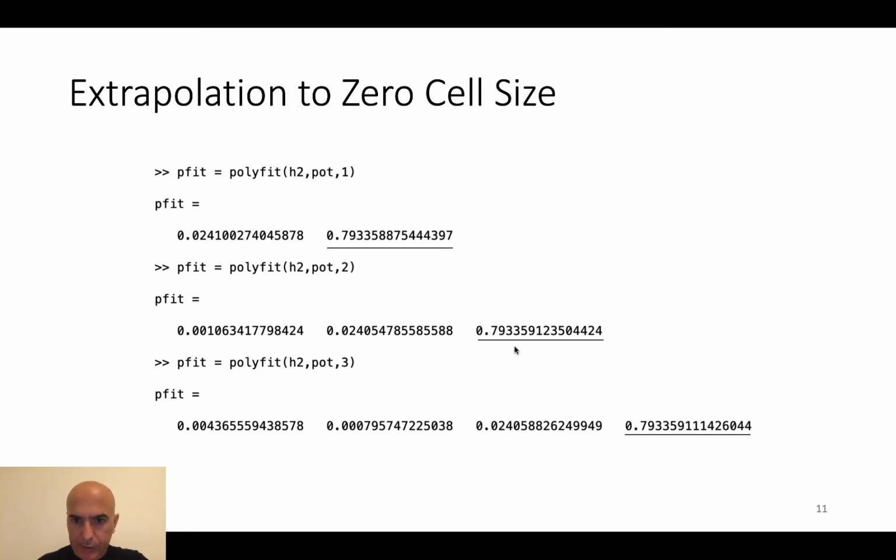And I get this I naught, which is our extrapolated value to 0 cell size. I do this, and you see that increasing the polynomial order, I get a better value, and this is going to be our extrapolated value to 0 cell size.